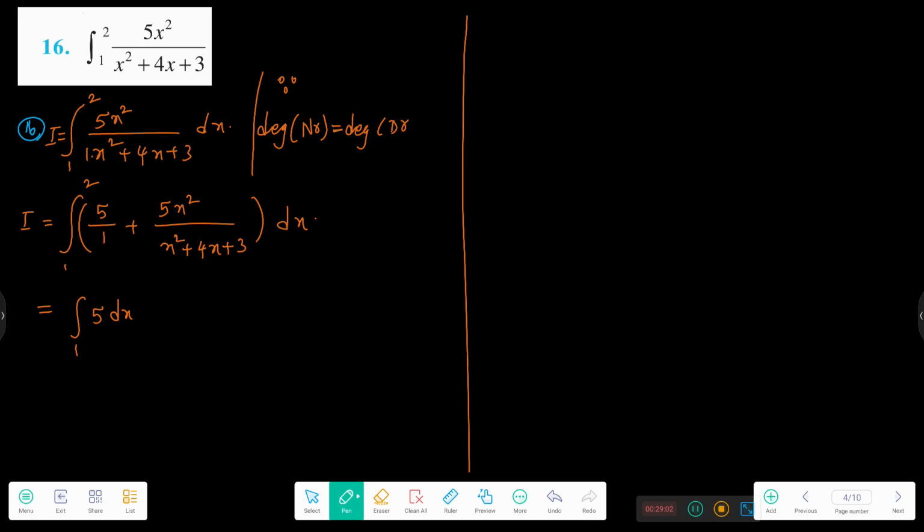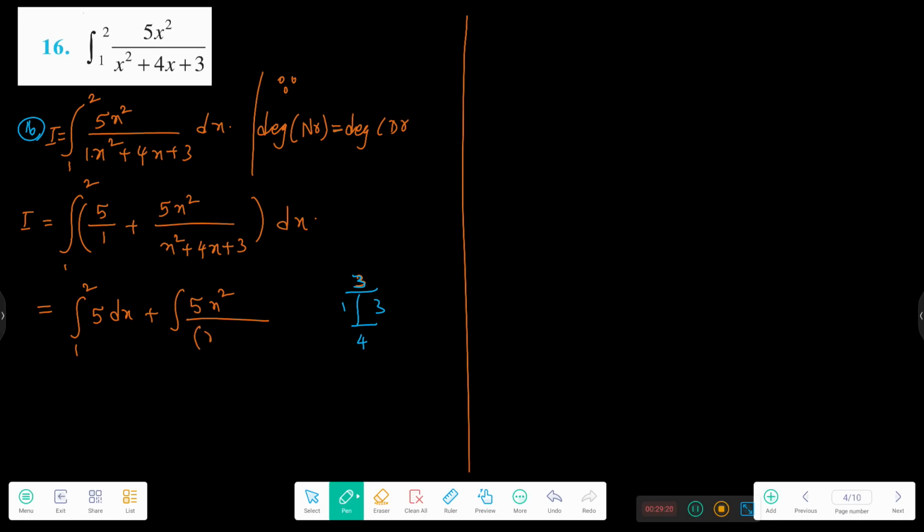Integral of 5 dx from 1 to 2, plus integral of 5x² divided by this one, where you can take factorization. What is factorization? Product value 3, addition value 4. So 1 times 3 is 3, and 1 plus 3 is 4.